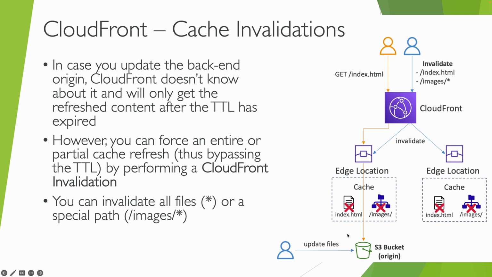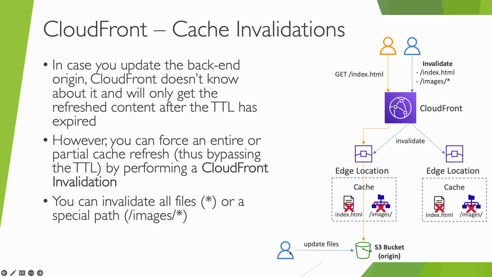So I have updated this index.html and these images in the S3 bucket. But the people who are accessing this data are getting the data from the edge locations, because these are cached there, and they are still getting the old data, because the TTL is set to 24 hours and we won't get the new data till then. So till 24 hours we'll get the data which is in the edge location only.